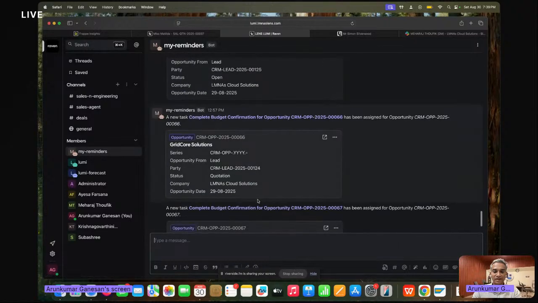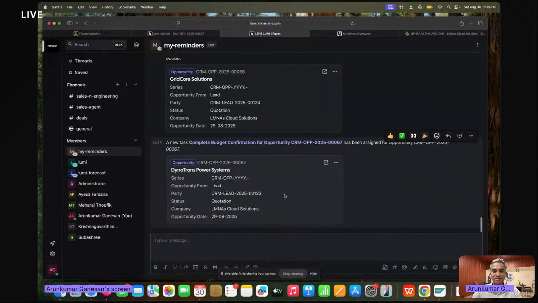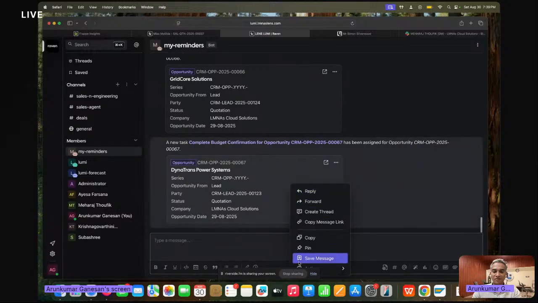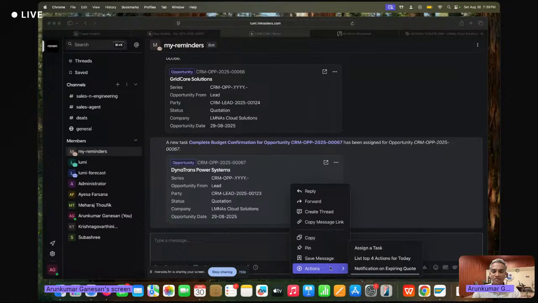So what I do, as I explained in the last meeting, is I can assign and work on certain actions that can be quickly pulled down from my action menu right from Lumi.